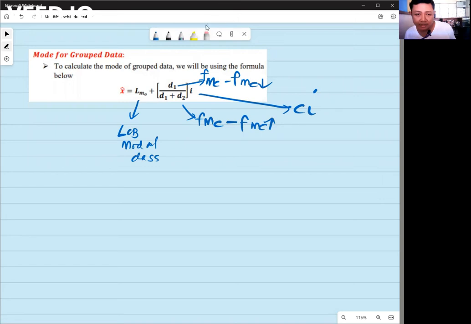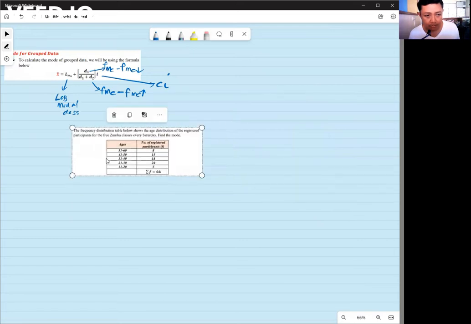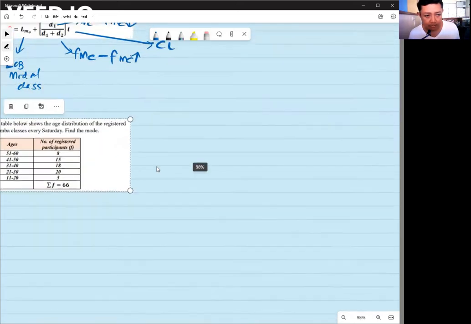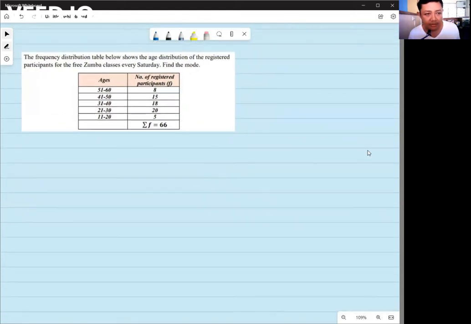Let's now have this one. Okay. So in here, let me present this first. The frequency distribution below shows the age distribution of the registered participants for the free Zumba classes every Saturday.